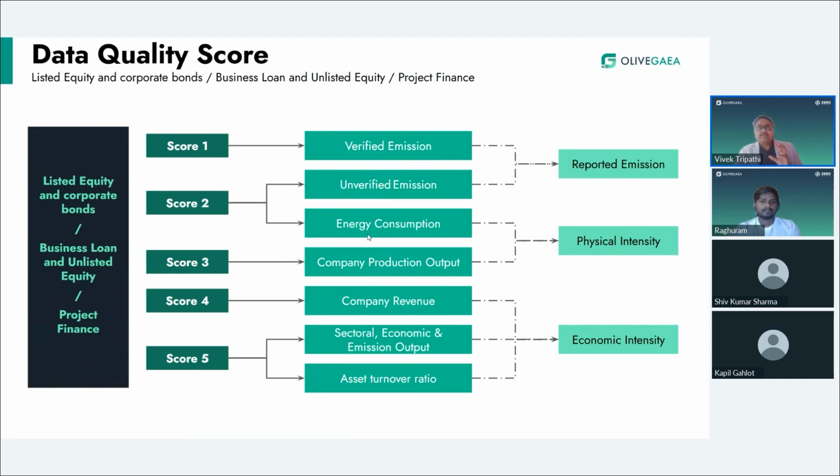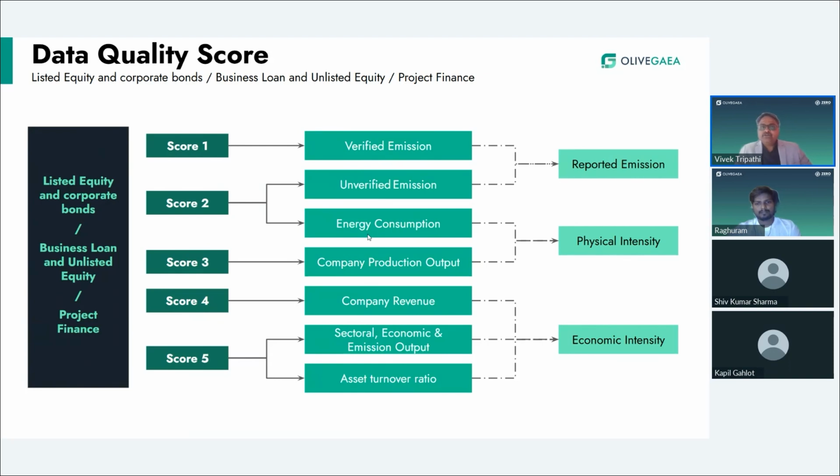This is very specific, one part of their overall emission. And if your calculation of financed emission is based on energy consumption, it would still fall under the category of score 2. So this is again some level of estimation, closely tied to the level of investee emission, the emission which is calculated based on the energy consumption data.